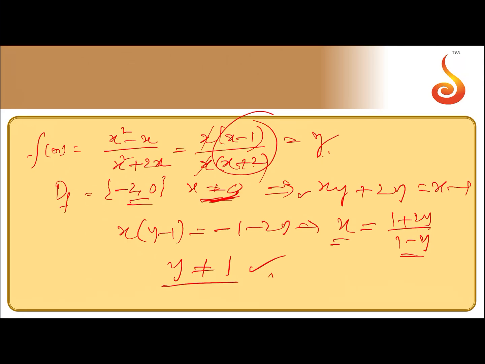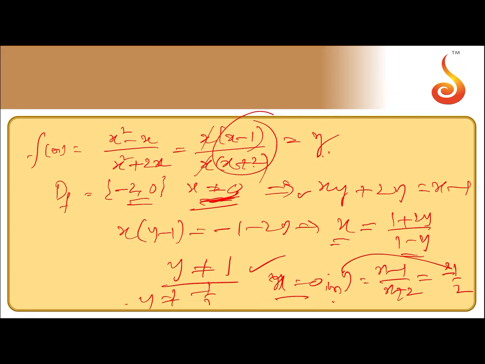So when x is equal to 0 in y is equal to (x minus 1) by (x plus 2), that gives the answer minus half. As x cannot be equal to 0, y cannot reach minus half, and therefore y cannot be equal to minus half also.